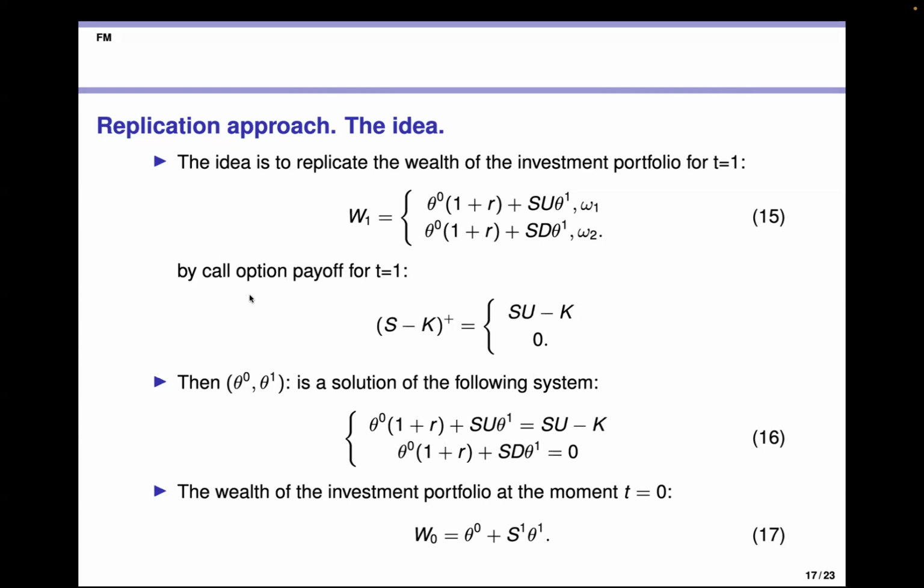From the other side, we have a call option, and at the final moment, t equals 1, your function can be S multiplied by u minus K, or 0. As S multiplied by u minus K, what is the condition for the up scenario? What do you think?